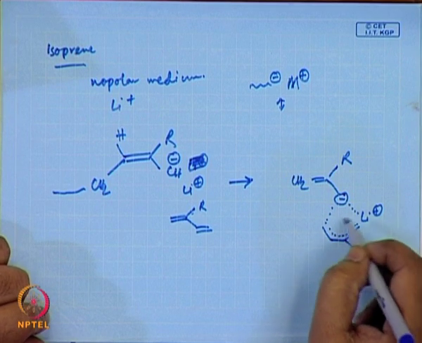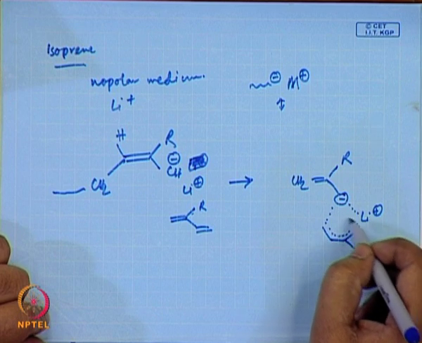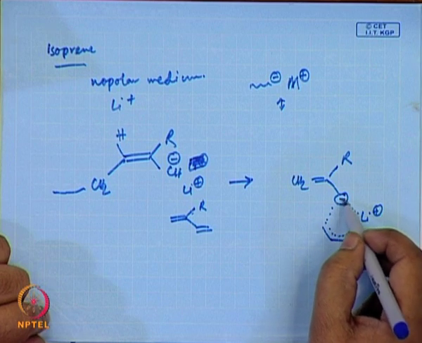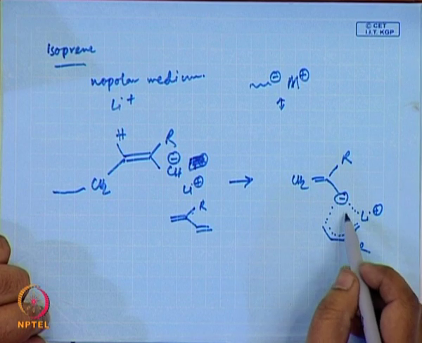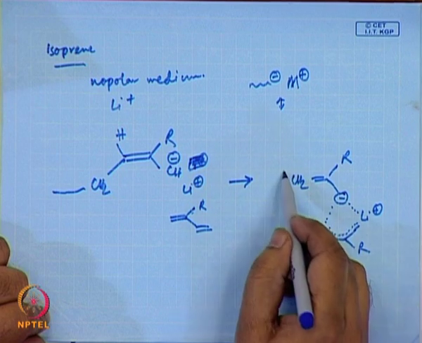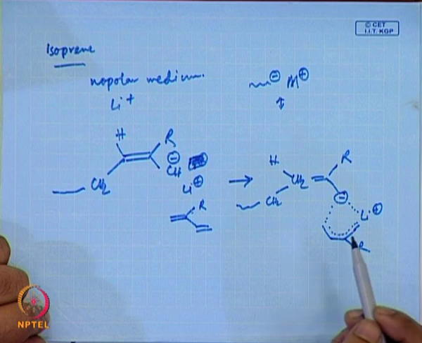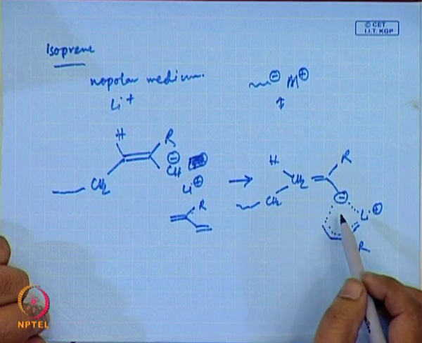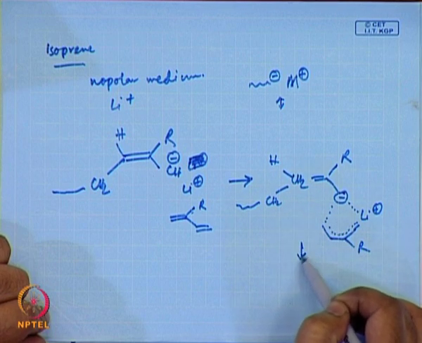So, there will be an interaction between this positive counter ion and the negative propagating chain end and the new incoming monomer. As a result, now the cis, this is coming from the same side.